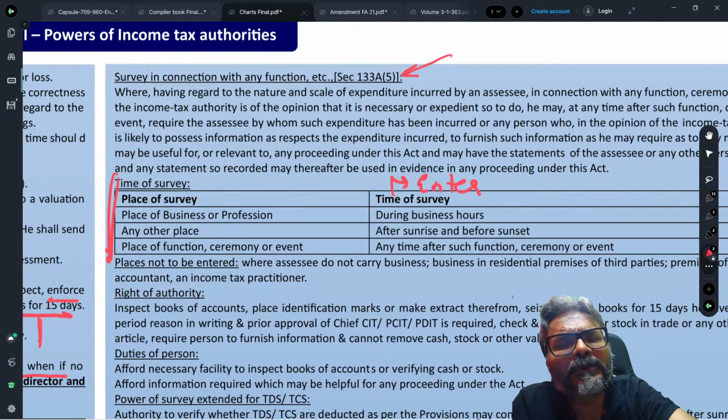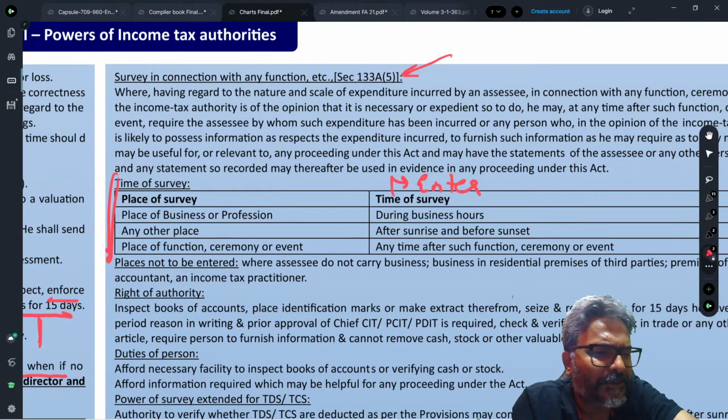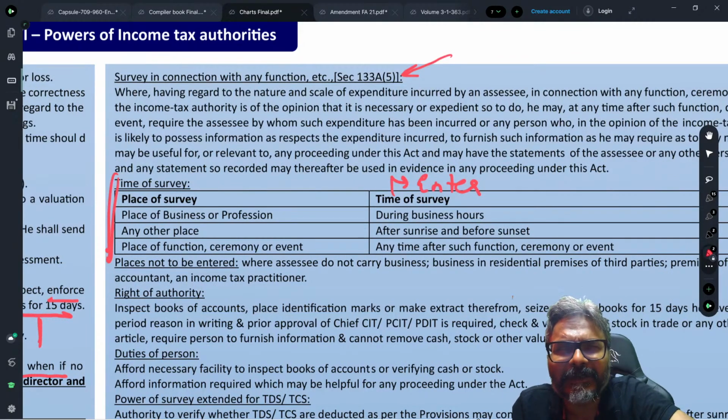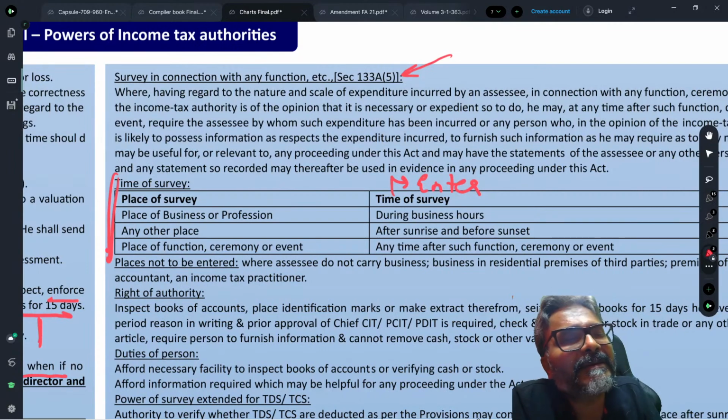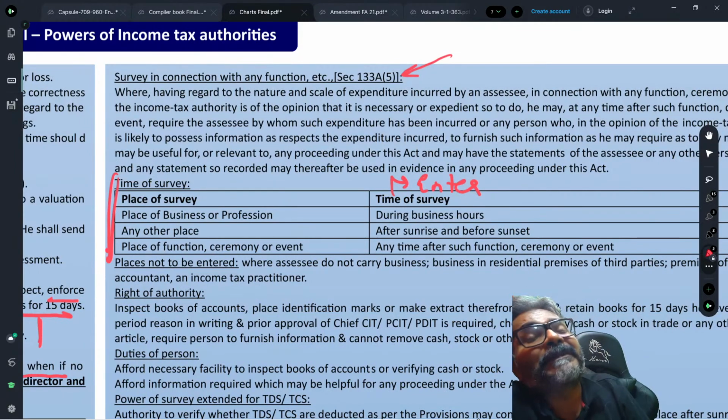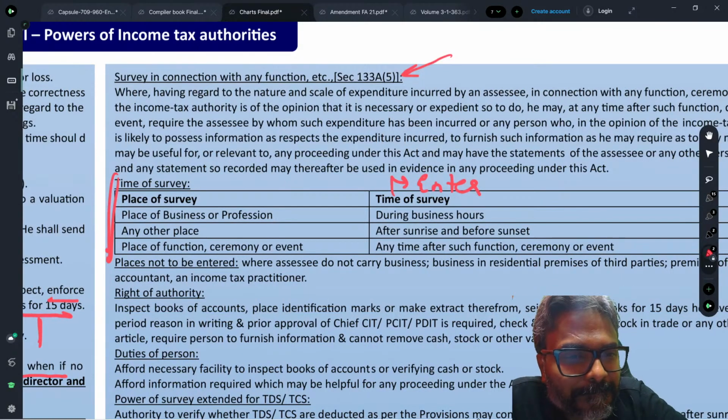If you are doing the survey, for example, in schools or hospitals registered as a charitable trust, then the survey can be done only after sunrise but before sunset. May I correct it? You can enter that premises only after sunrise but before sunset. This is only to enter but not to exit.